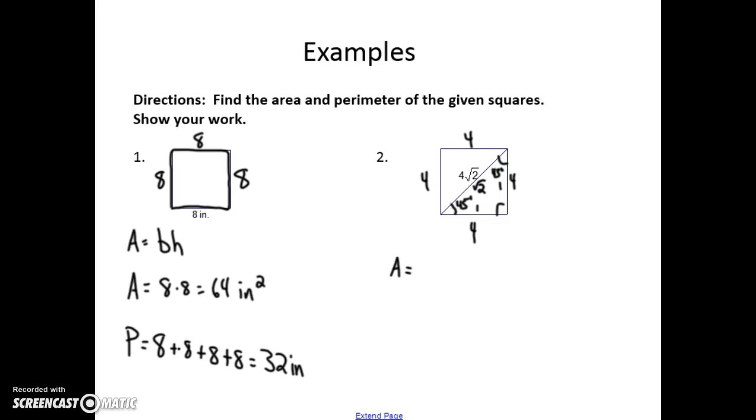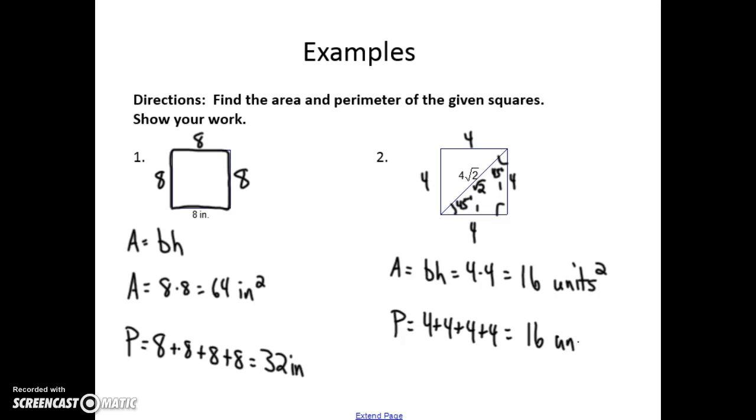So the area would be base times height, which is 4 times 4, or you can square a side length on a square, and you get 16, we'll call it units squared. And then perimeter, which we use capital P for, would just be 4 plus 4 plus 4 plus 4, or also 16 units.